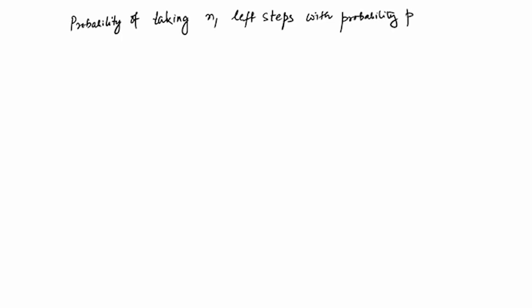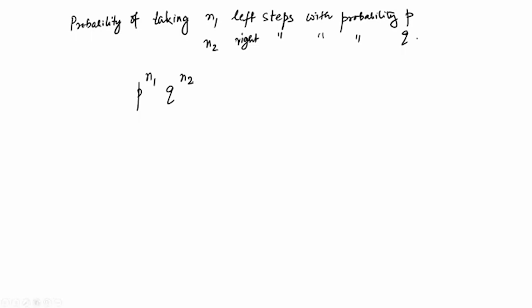So, the probability of taking n1 left steps with probability p and n2 right steps with probability q is given by p to the power n1 q to the power n2 and so on.